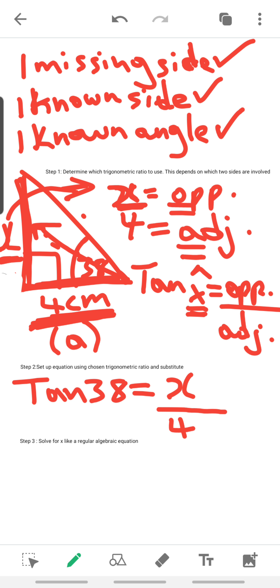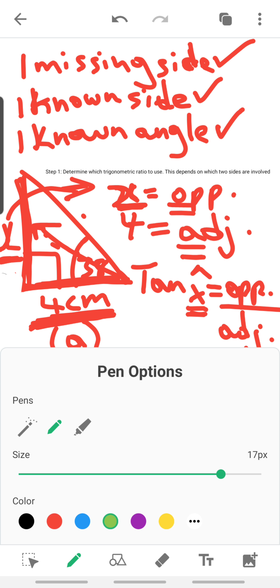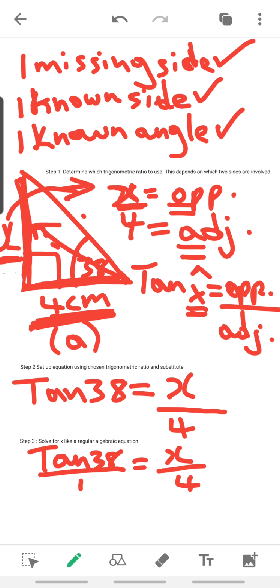If we want to turn anything into a fraction, all we do is put it over 1. So tan 38 over 1 is equal to x over 4. Now when we have two fractions separated by an equal sign, all we have to do is cross multiply. So when we cross multiply, we're going to have x.